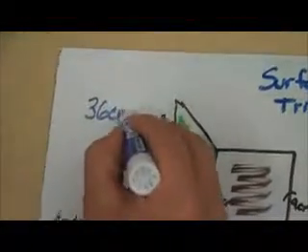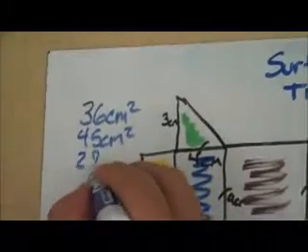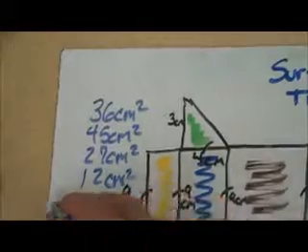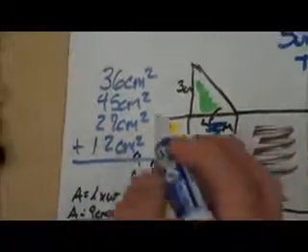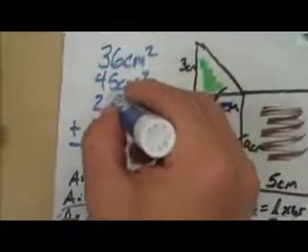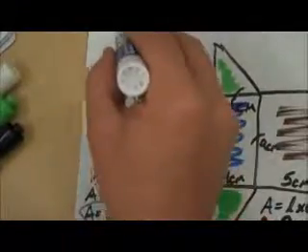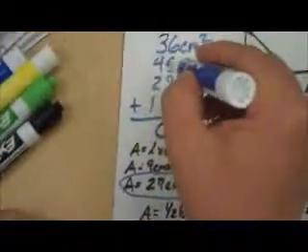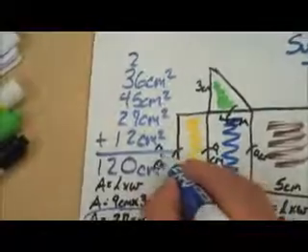So I must add them together: 36 centimeters squared, 45 centimeters squared, 27 centimeters squared, and 12 centimeters squared. If I check it all out, I see I have 11 and 9, which would give me 20. So now I'm going to add everything up, and I should end up with 120 centimeters squared.